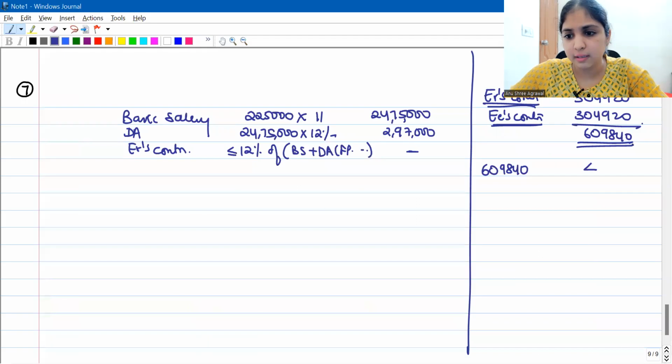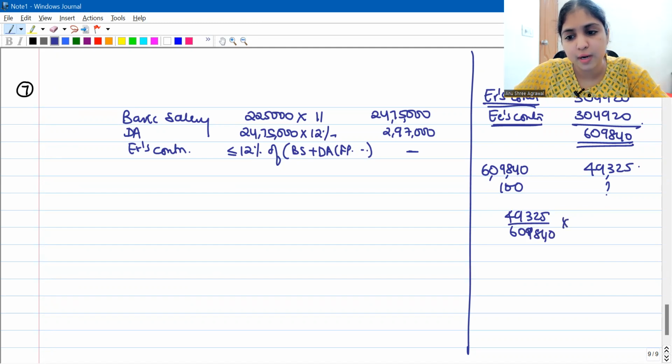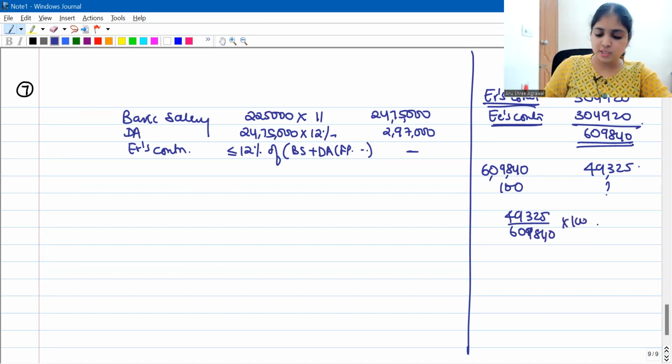On 6,09,840, he has earned interest of how much? Interest of 49,325. So can you calculate what is the percentage of this interest? 49,325 interest he has earned on 6,09,840 contribution. So what is the percentage of interest? 49,325 divided by 6,09,840 into 100, right? How much will that work out to?